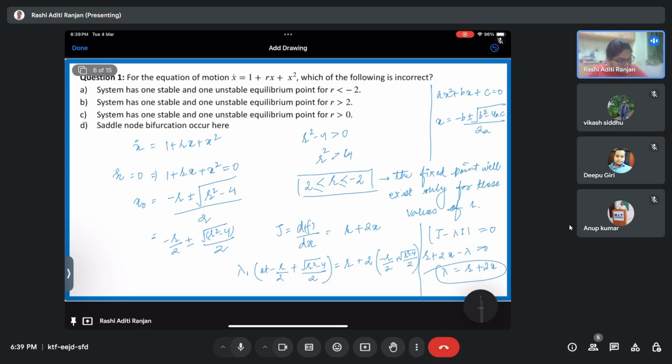You'll see this and this will get cancelled. So we are going to have nothing but under root of r square minus 4, which is positive, right? Which is positive. So this root is actually unstable.